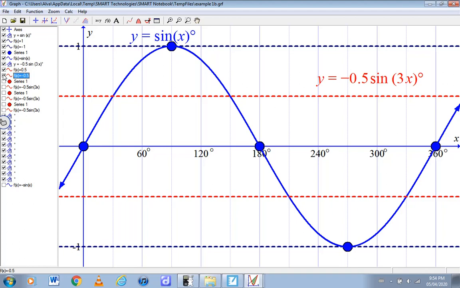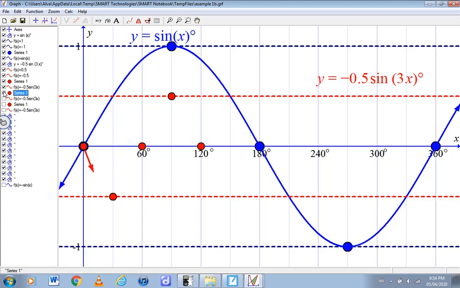The start point for sine is at the origin, but instead of going up, the graph is going to go down. Not that it matters for finding the amplitude or the period. It's going to repeat every 120 degrees. Now you need to think about this.